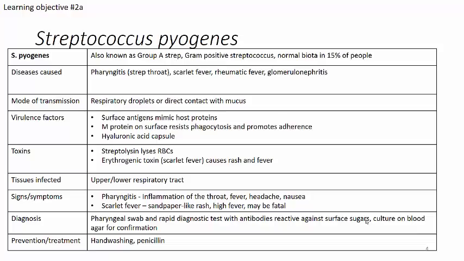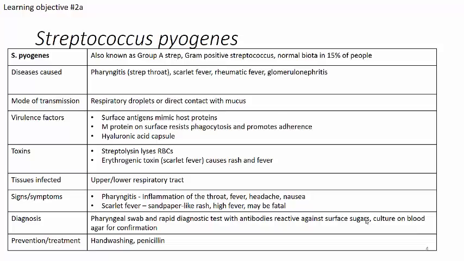Streptococcus pyogenes produces a few toxins. Streptolysins can lyse red blood cells, and an erythrogenic toxin, which is produced by the bacteria in cases of scarlet fever, causes a systemic rash and a systemic fever, so it makes the disease much more severe.